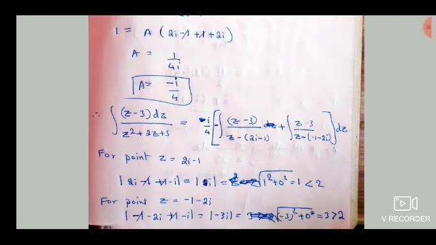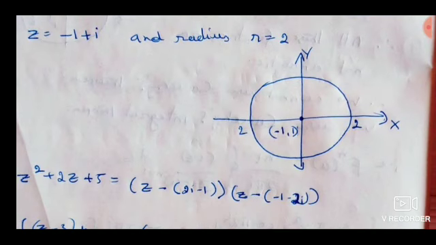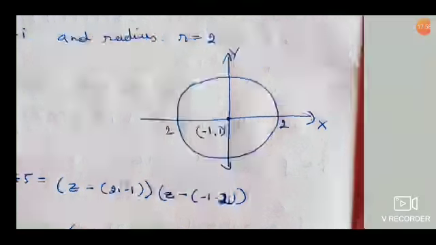If it lies outside the circle, for the second term, where the point lies outside the circle, the function f of z inside this circle becomes analytic.